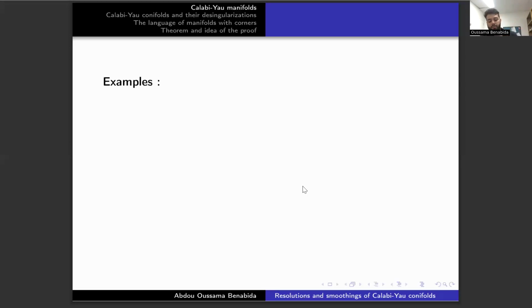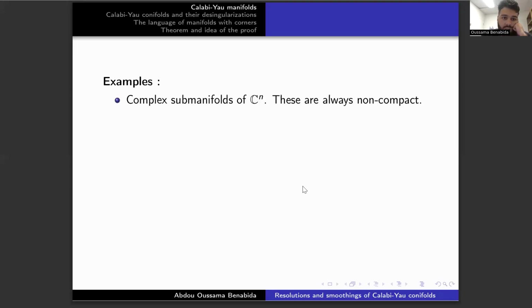Okay, so first of all, we will look at what are the examples of Kähler manifolds. So the simplest example is C^n with its Euclidean metric. And then, of course, by restriction, the complex submanifolds of C^n are also Kähler. But as a fact of complex geometry, all complex submanifolds of C^n are actually non-compact.